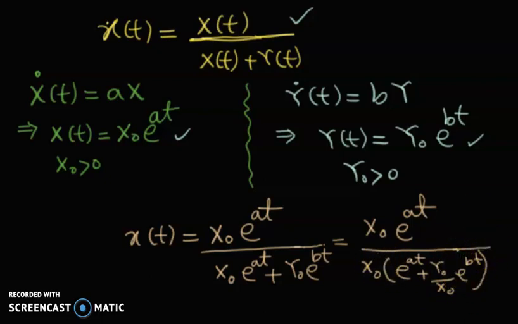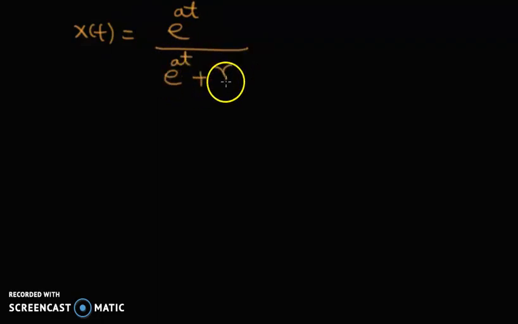X naught gets cancelled with X naught, and we are left with x of t equal to e to the at divided by e to the at plus Y naught over X naught e to the bt.